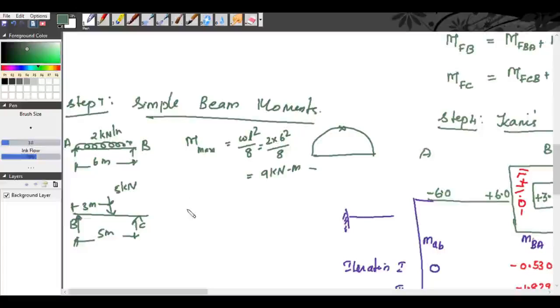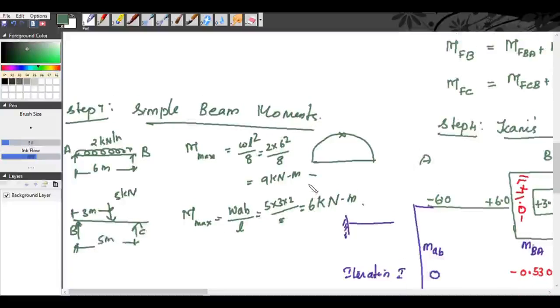And the formula is M max equals W A B by L. So W is 5, A is 3, B is 2, divided by L is 5. You get 6 kilonewton meter. Now for the span CD, it is an overhang, so there will not be any simple beam moment.